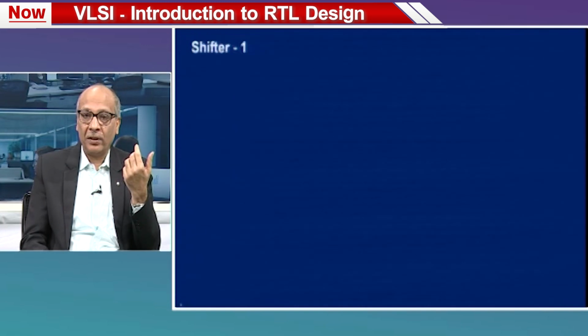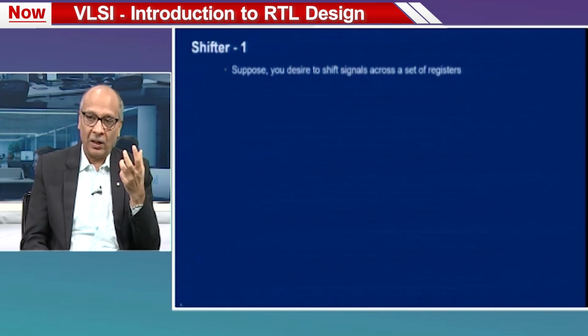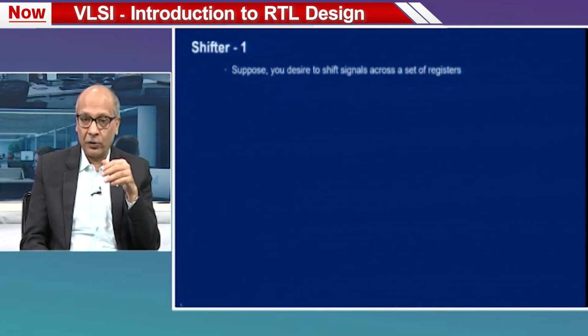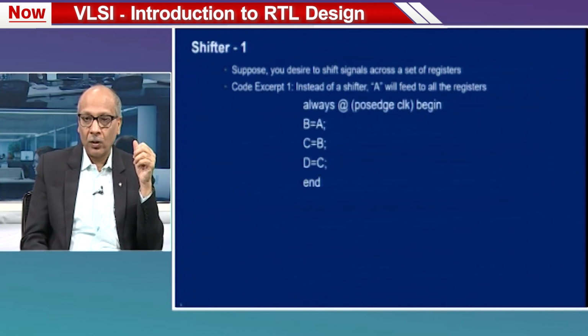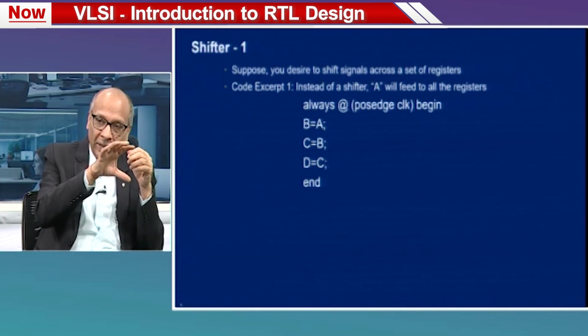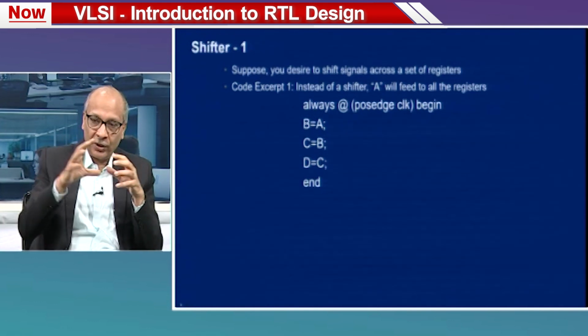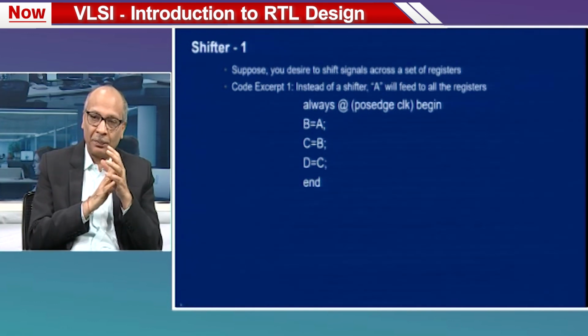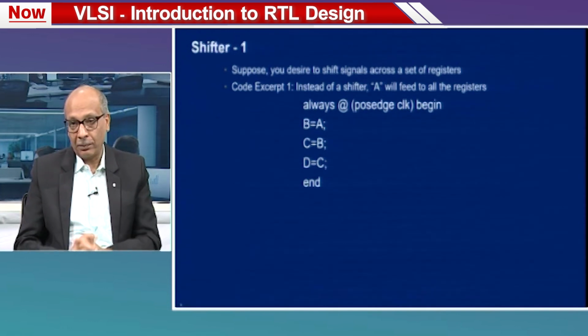So then here is an example where we talked about the shift register versus feed through. So I want to make a shifter, and if you look at this code, this is a Verilog example and this is an incorrect example.